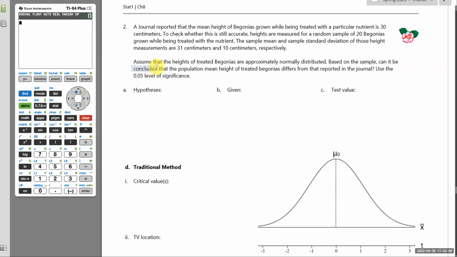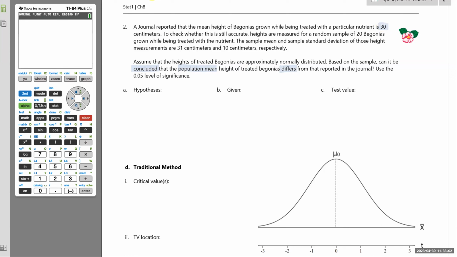So that's equivalent to saying test the claim that the population mean mu of these treated begonias differs from that reported in the journal. The journal reported that the mean was 30 centimeters.